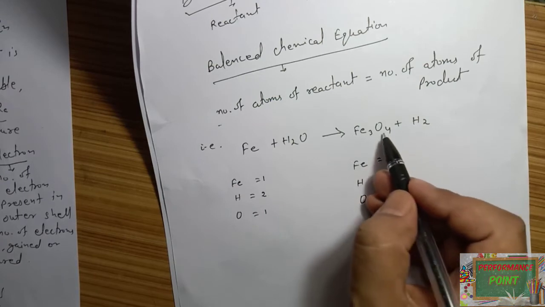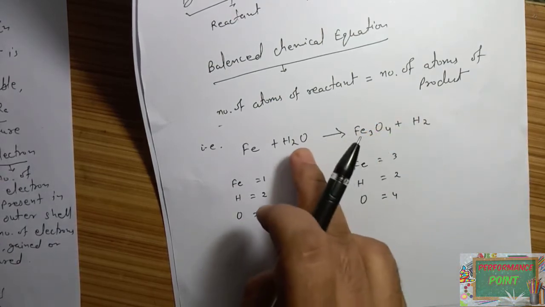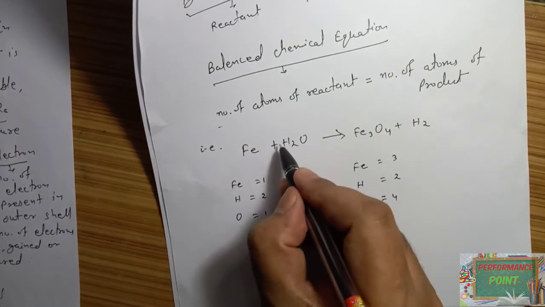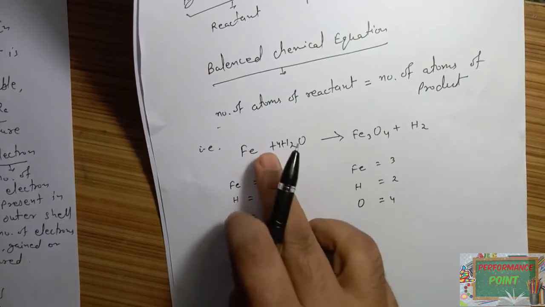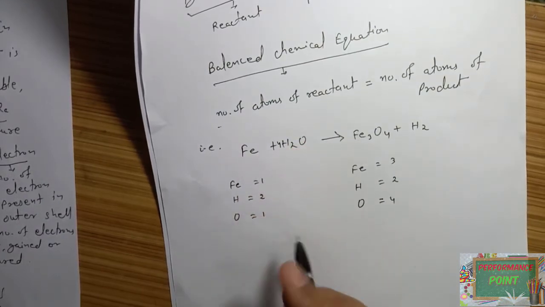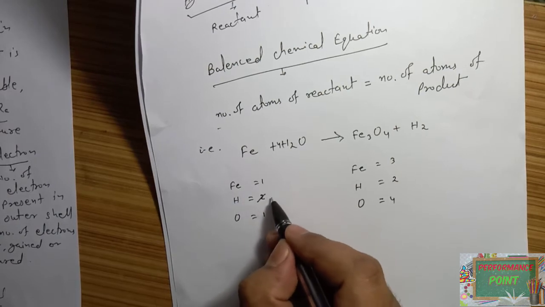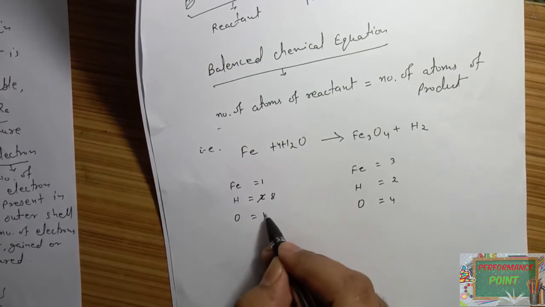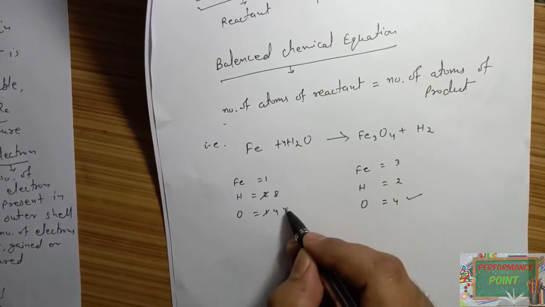Oxygen is 4 on the product side, so to make oxygen 4 in the reactant we plug in 4 before H2O. Then hydrogen becomes 8 and oxygen becomes 4, so oxygen is done.